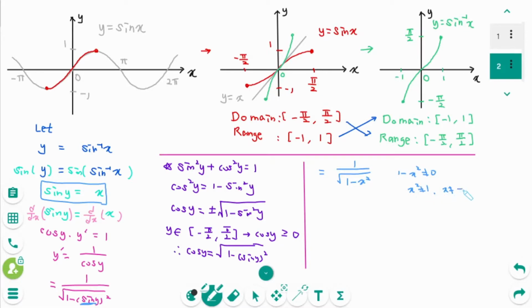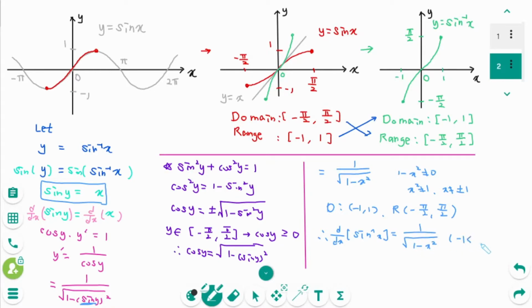X cannot be plus minus 1. Now domain is minus 1 to 1 and range is minus pi over 2 to pi over 2. Therefore d dx of arc sine of x equals 1 over square root of 1 minus x squared.